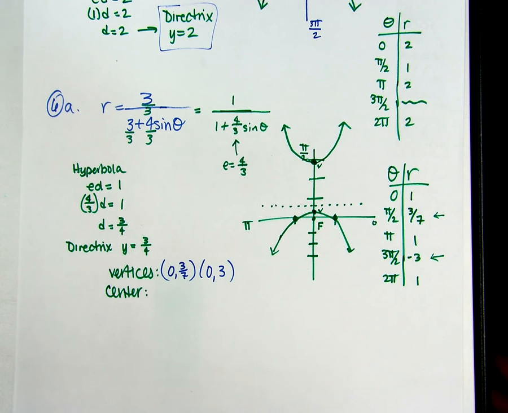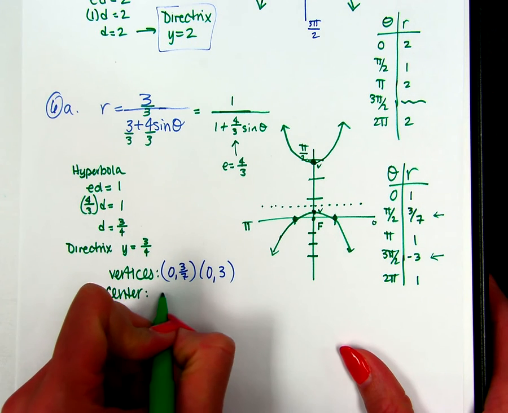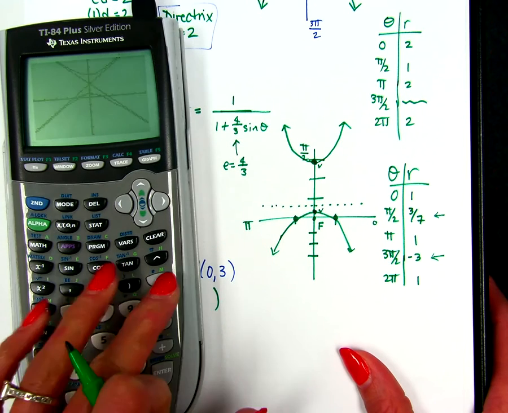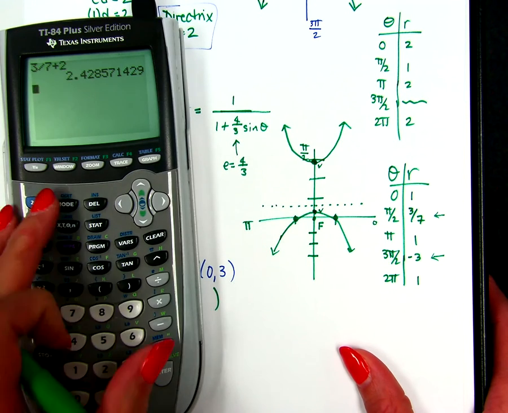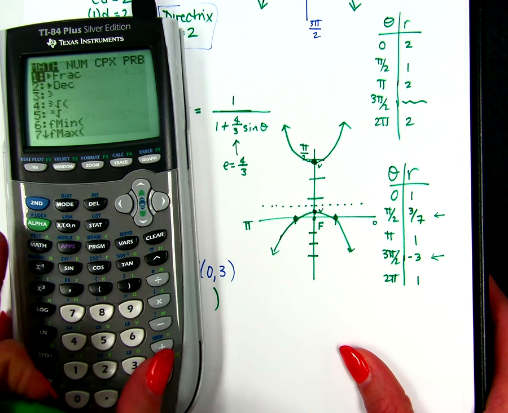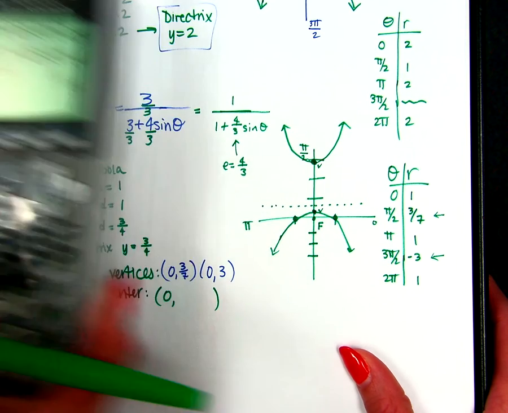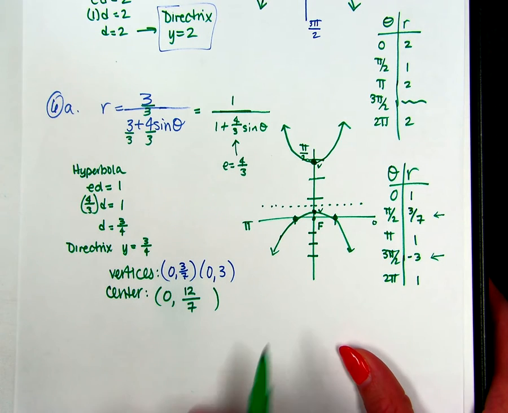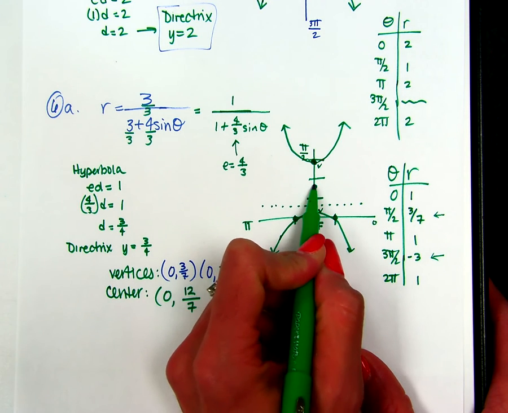Remember, the midpoint formula is x plus x divided by 2, so that's 0, and then I need to do 3/7 plus 3 divided by 2. And that gives me 12/7. So my center is at (0, 12/7), so about 1.7, which is here.